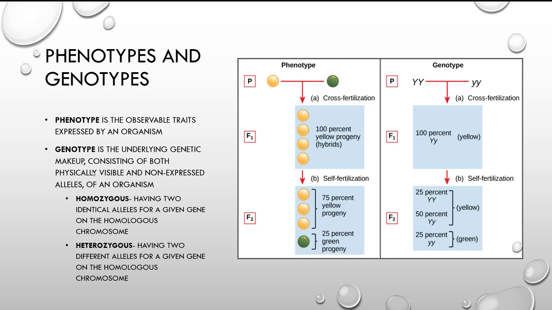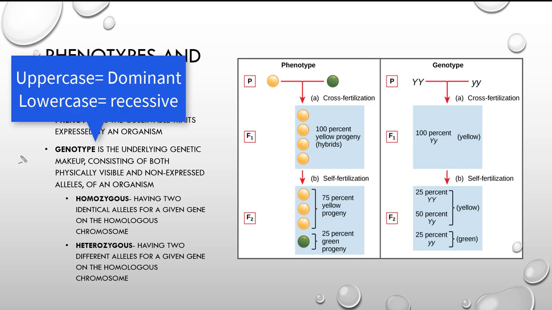Whereas a genotype is the underlying genetic makeup. So for her, she has 2 recessive alleles. Since she cannot taste the bitter taste, remember how they used the lowercase letters to denote a recessive allele and then the uppercase letters to denote a dominant allele.